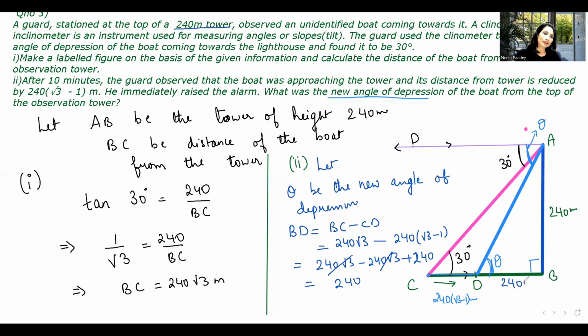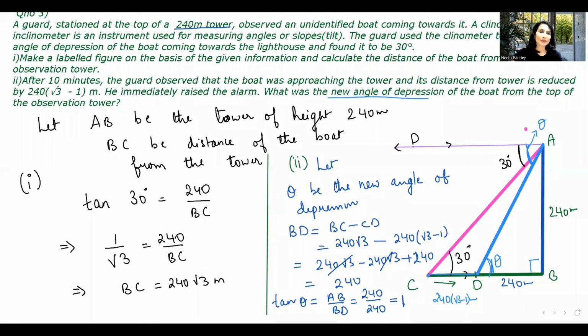It is 240 meters. So now again theta है, theta के opposite side क्या है? AB, it is given. Adjacent side BD we have calculated. So we can easily find that tan theta is equal to AB by BD. That is equal to 240 by 240. And we know that is equal to 1, right?